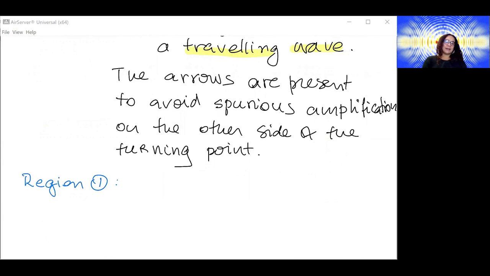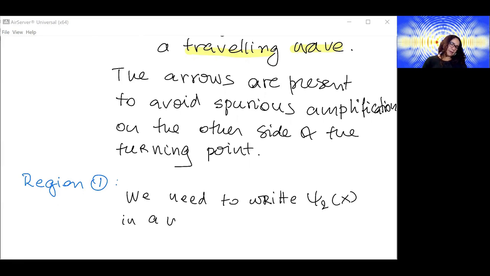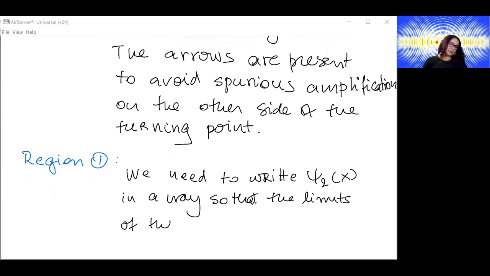So first things first, to apply, well, we need to write psi 2 of x in a way so that the limits of the integral allow for the connection formula to be applied.